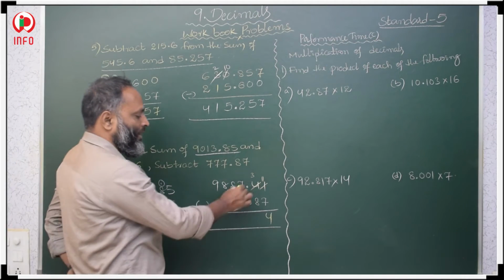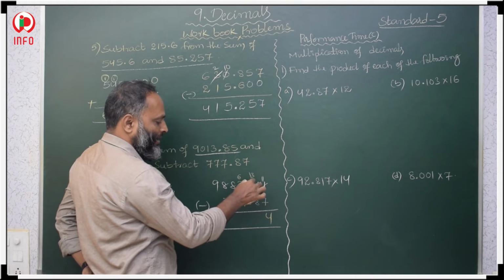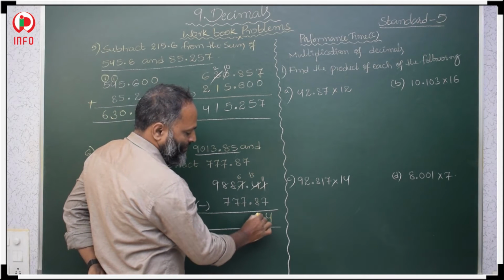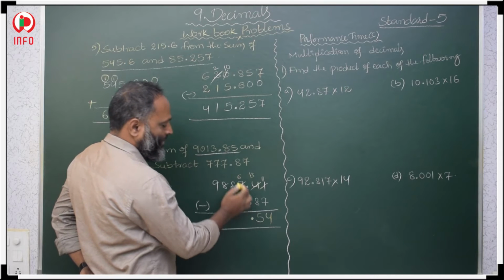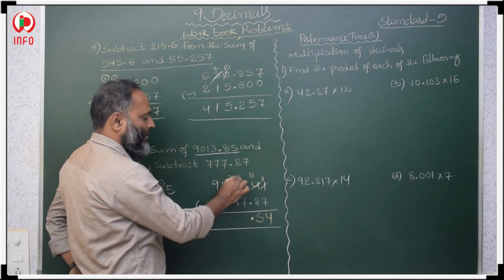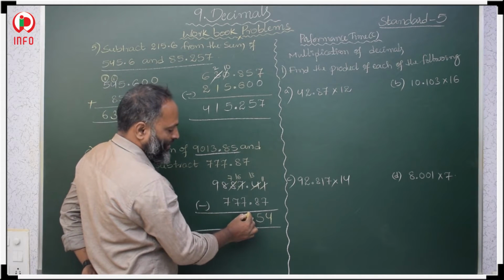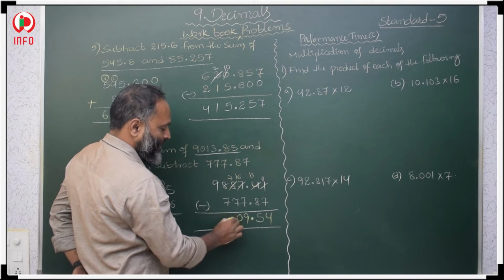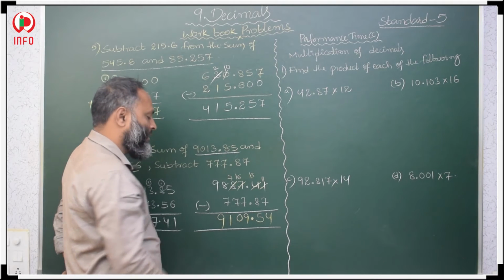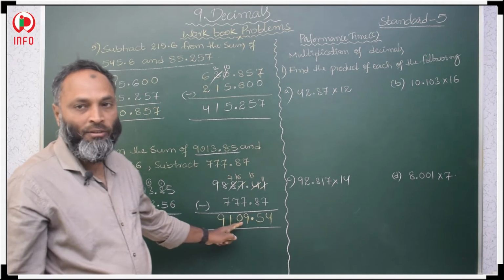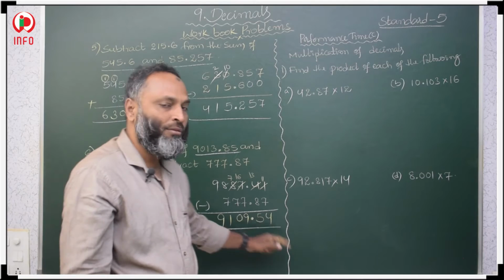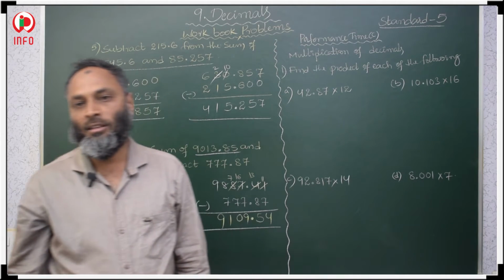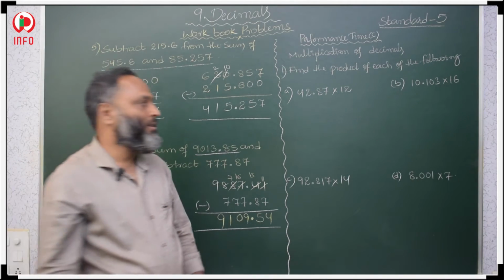Again take a borrow from here, you will get 6 here, 13. 13 minus 8 is 5. Point, after that decimal. 6 minus 7, again borrow from here. 16 minus 7, 9. 7 minus 7, 0. 8 minus 7, 1, 9. 9109.54. This is our final answer.